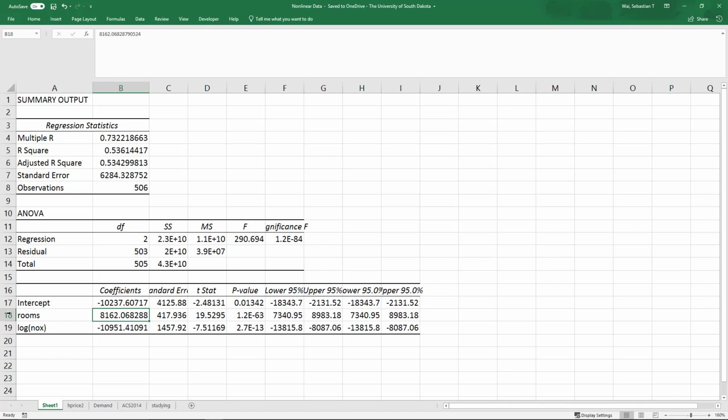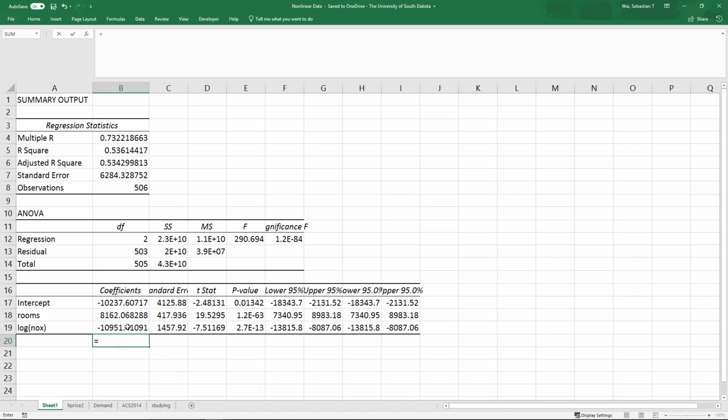Now, when we go to the log of NOx, this is where our interpretation changes. We have price on the left-hand side, but we have the log of NOx on the right-hand side, so we have a level-log interpretation. What this means is that when the level of pollution goes up by 1%, then the house price will change by the coefficient divided by 100.